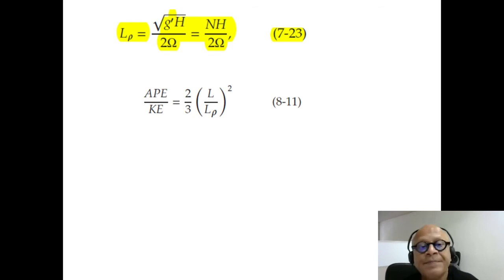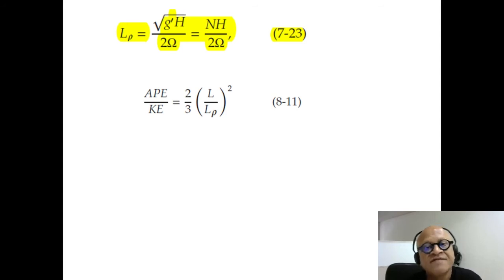Okay. So our Rossby radius of deformation is of course the square root of g prime h over 2 omega, where g prime is our reduced gravity. We can write this in terms of the buoyancy frequency N, and h is our scale height, and 2 omega was our lab construct where we defined rotation omega.